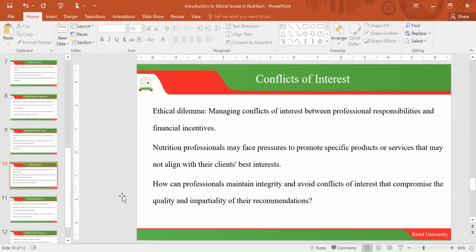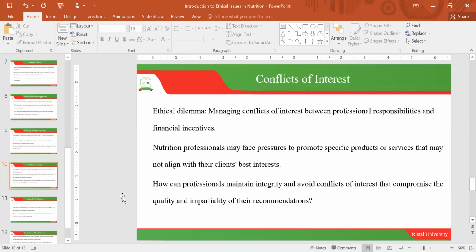When this company approaches you, they tell you that the more you sell, the more bonuses they give you. That means there are financial incentives. So most likely, because of this situation, every client who comes to your wellness clinic, you may be interested in giving them this product, even when they don't need it. That's what we call conflict of interest. You're promoting this product because there is some bonus behind it.